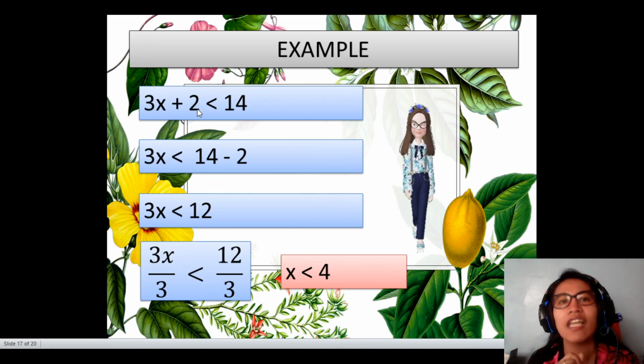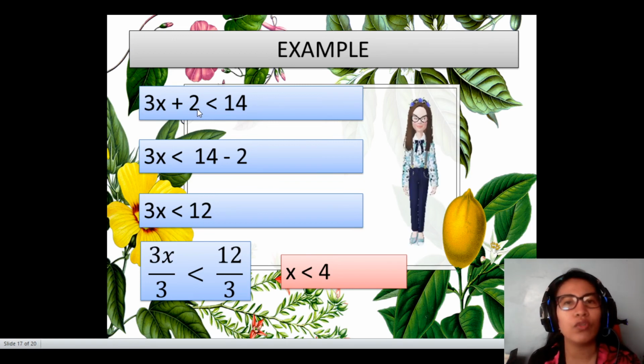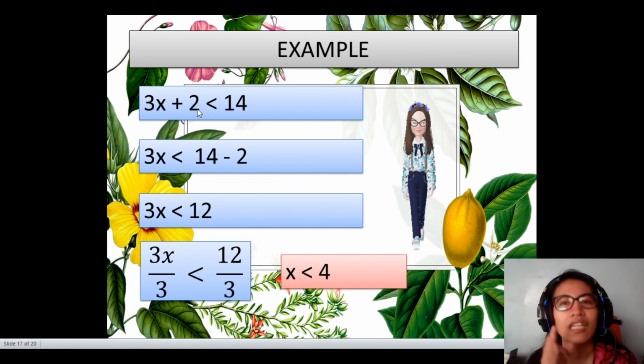That is still less than 14. So I already have 2 values now. If I use 1, 3 times 1, 3, plus 2 is 5, which is also less than 14. So if I'm asked to give at least 3 values, I can have 1, 2, and 3 as my answer.